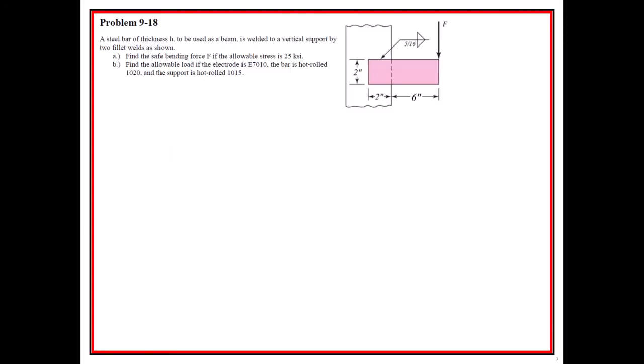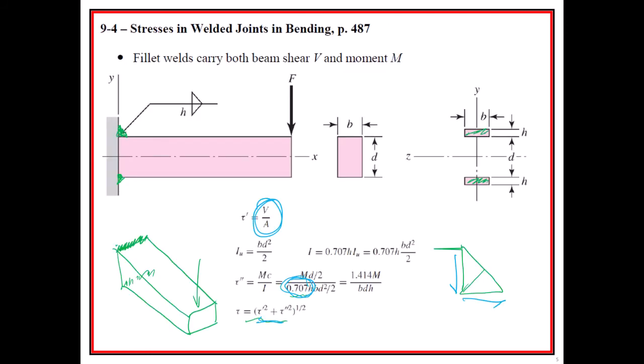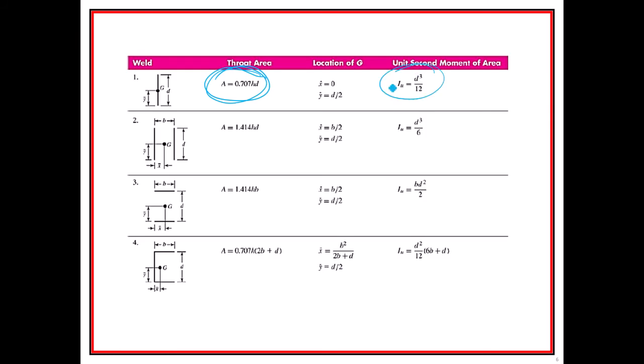Here, we're going to use IU right here. Okay, so we got to be careful. We got to make sure that we do this. We don't use IU. We use I, which is 0.707 times H times IU, and we get the IU from right here, depending on what our section looks like.